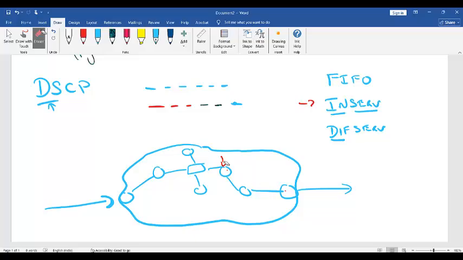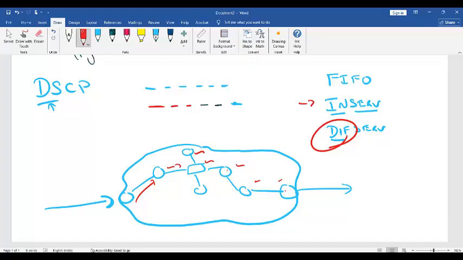As the traffic enters the router, that router will decide what to do. And then once the traffic leaves, done, finish, over. Then this router needs to worry about it, then the switch needs to worry about it. So hop by hop is differentiated service. Every hop will decide how it will treat this traffic as the traffic enters.